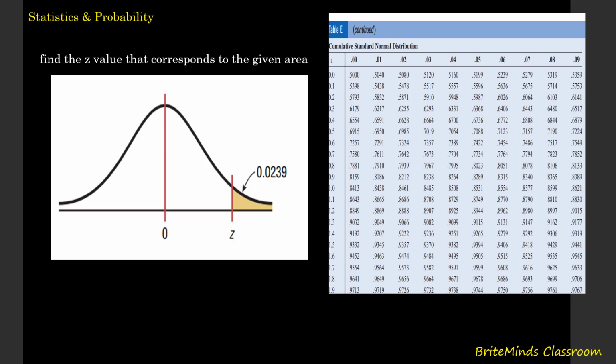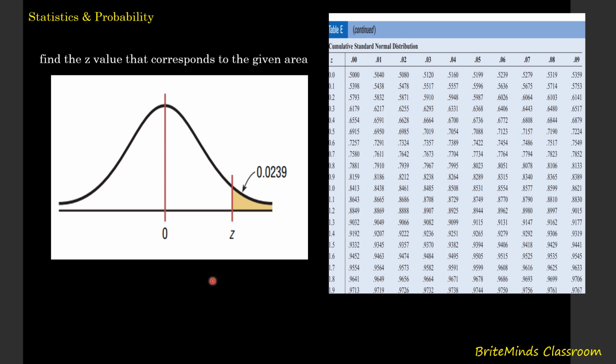We have here an example. Find the z-value that corresponds to the given area. Since we already have our sketch of our curve, now we need to find the unknown z that corresponds to the given area.